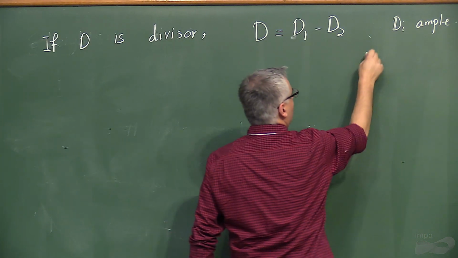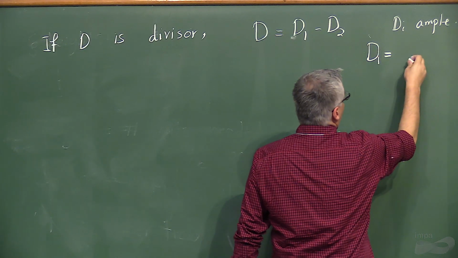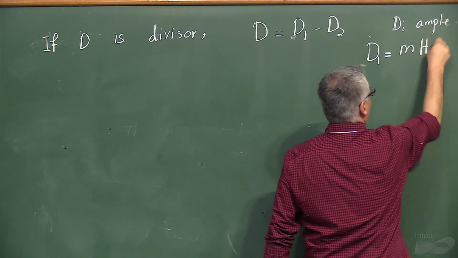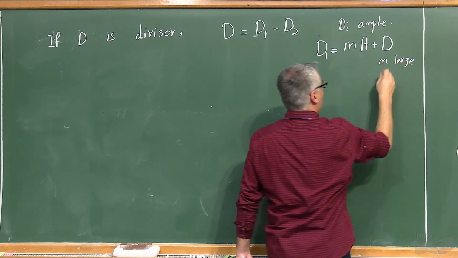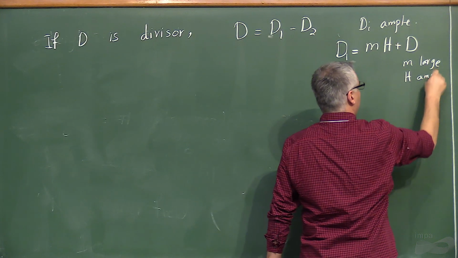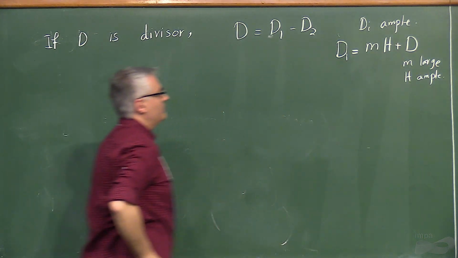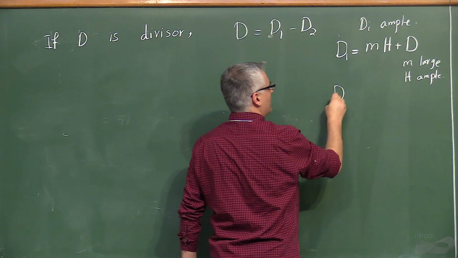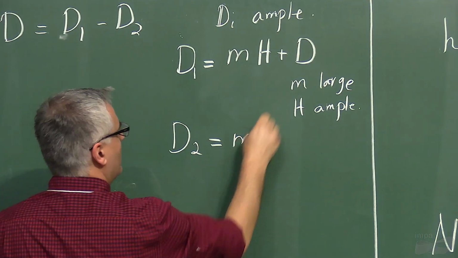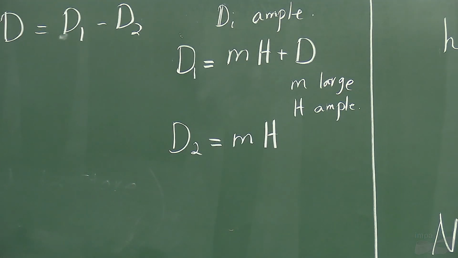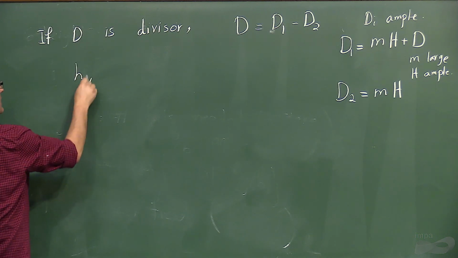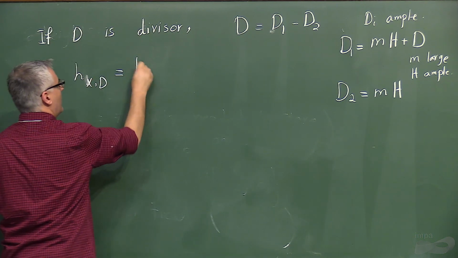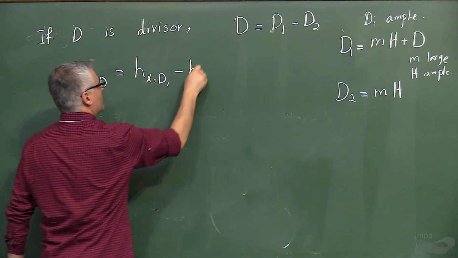There are different ways of doing it, but you can say, for example, D1 is, let's say, mH plus D, m large, H ample. Then this will be ample, and D2 is mH, which is also ample. So you can write it as a difference of two ample divisors or line bundles, and then you can define h_X,D as h_X,D1 minus h_X,D2.